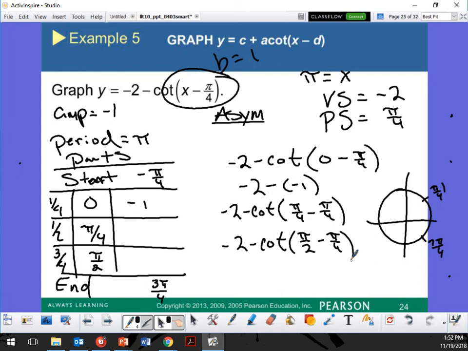Negative 2? Yeah. Okay, because it's 0. Now, let's see what our issue here is.